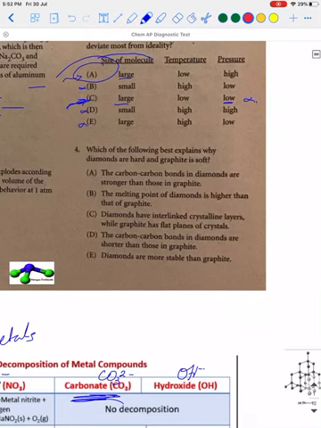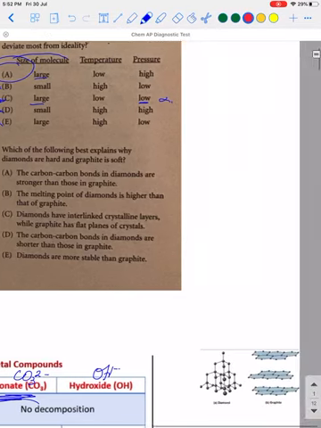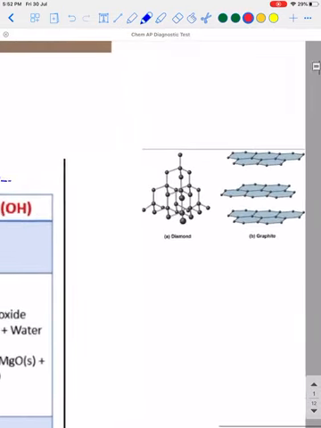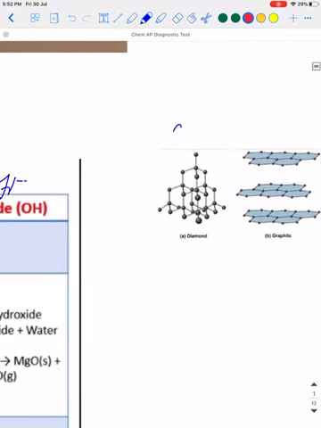Now, which of the following best explains why diamonds are hard and graphite is soft? We know that diamond and graphite are both made up of only carbon. The only constituent of both is carbon, by the way. But because of how they are arranged, they have a huge difference in their properties.